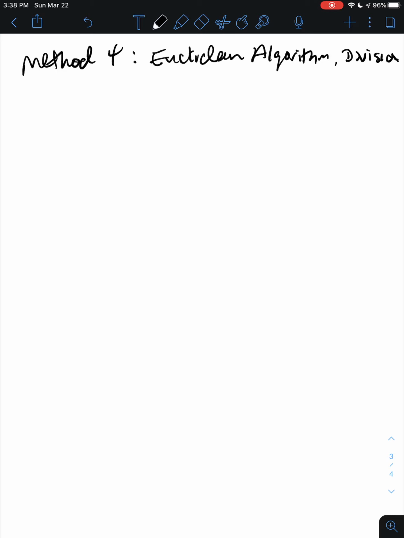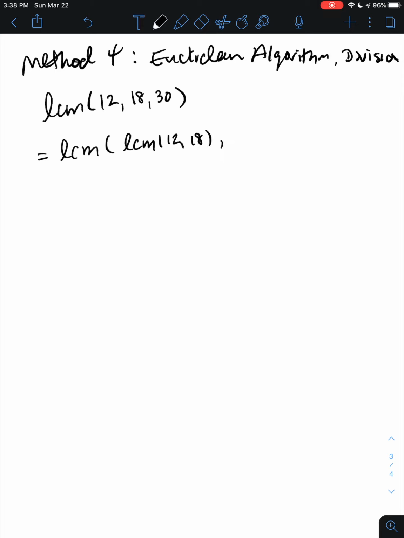So Euclidean algorithm with division, we have the LCM of 12, 18, and 30. My way of breaking it up is find the LCM of the first two numbers, and then use the result there.